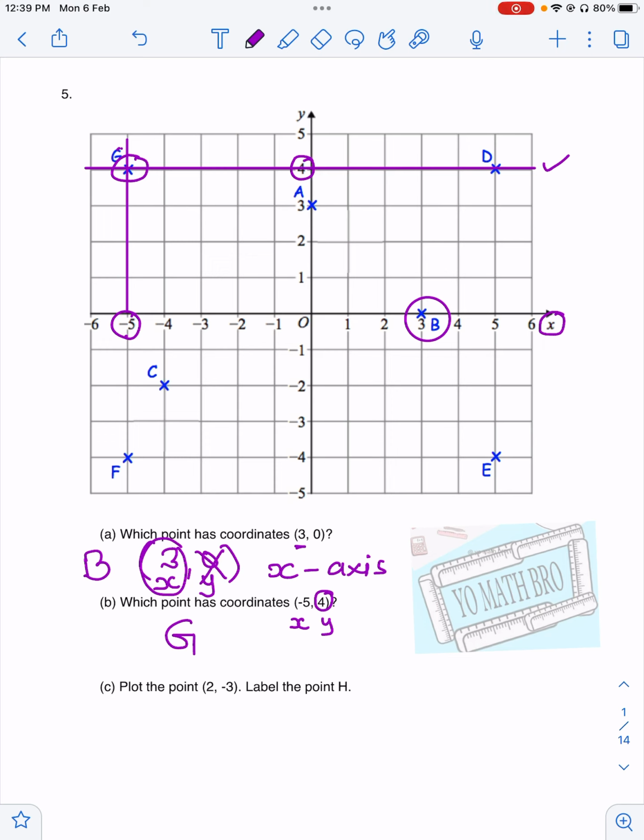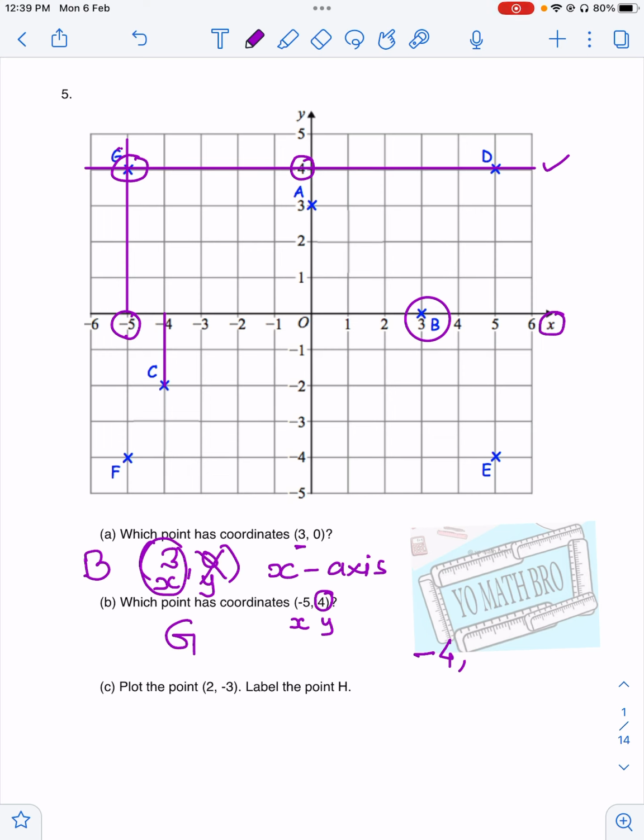Now if I ask you, my dear students, write the coordinates of point C. Always what you have to do, first, from point C, draw a line which touches the x-axis. Here you can see from point C, if I draw the line to the x-axis, I get -4.